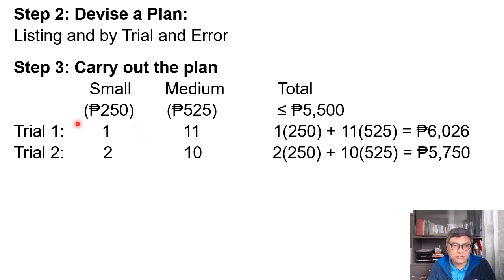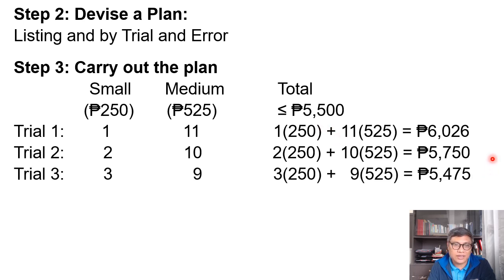Trial number 2, by pattern class, I will be increasing the small boxes and decreasing the medium boxes by 1. Then multiply again by its costs. And here, the total is 5,750, again, which is beyond the 5,500 total. Then we continue again subtracting.